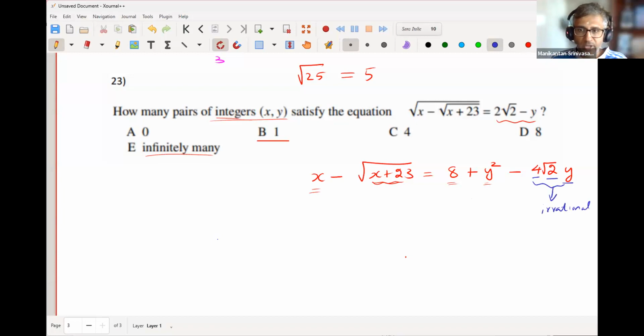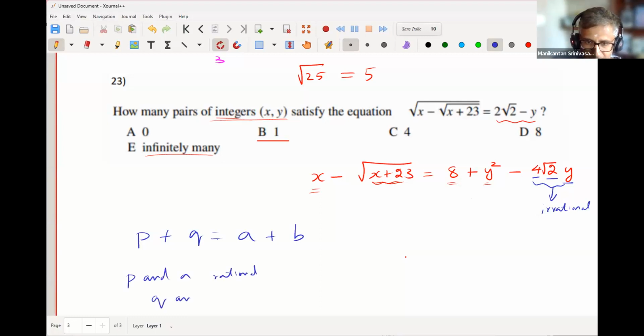So if you have two quantities, the left-hand side and right-hand side, let's say P plus Q is given to be A plus B, and it's given that P and A are rational, and Q and B are irrational. Then this will imply that P must be equal to A and Q must be equal to B, because only a rational can match a rational and an irrational can match an irrational.